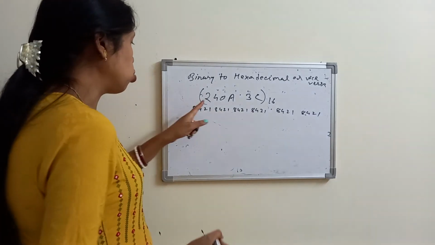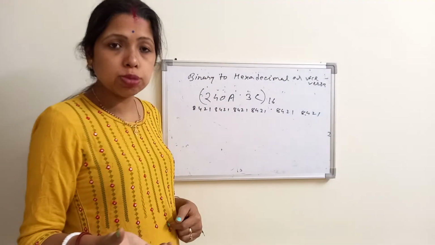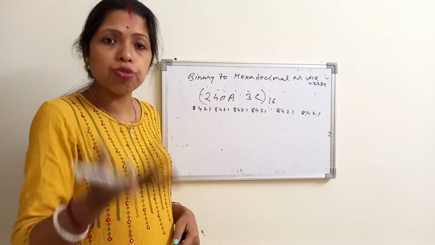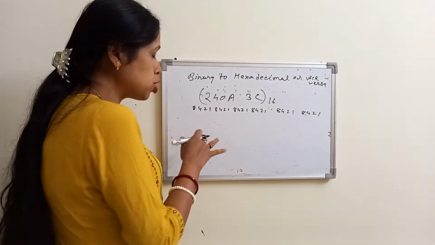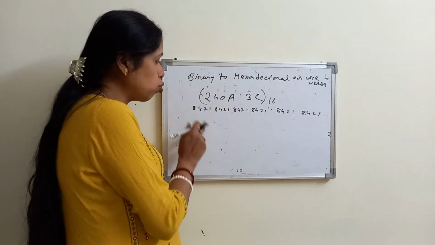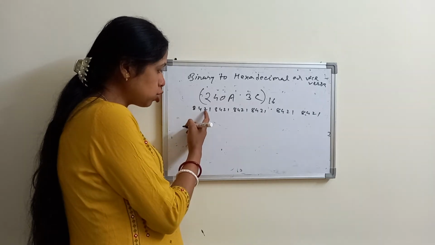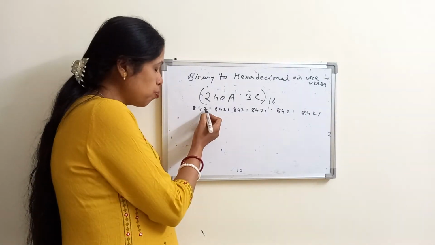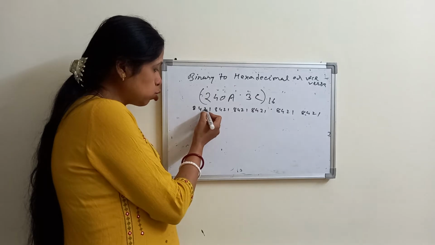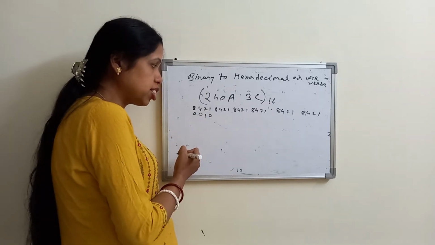Now 2. For binary to hexadecimal, I told you to add the weightage of ones, so here the opposite thing is there. From the 8421 format, how will we get 2? If we put only 1 under the 2, we will get 2. So below this 2 I have to put 1 and in other places I have to put 0.